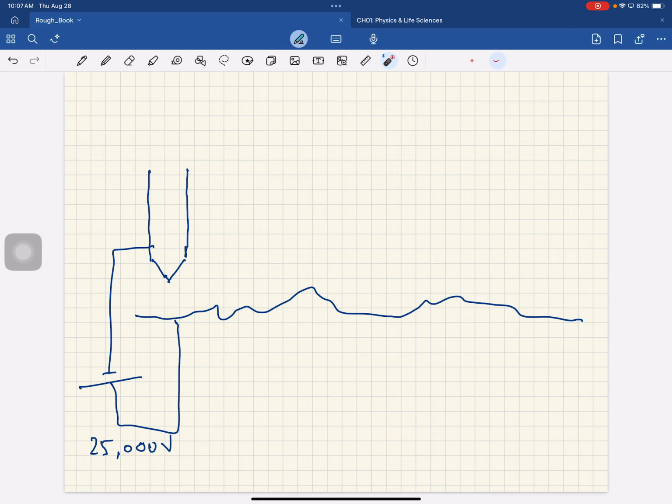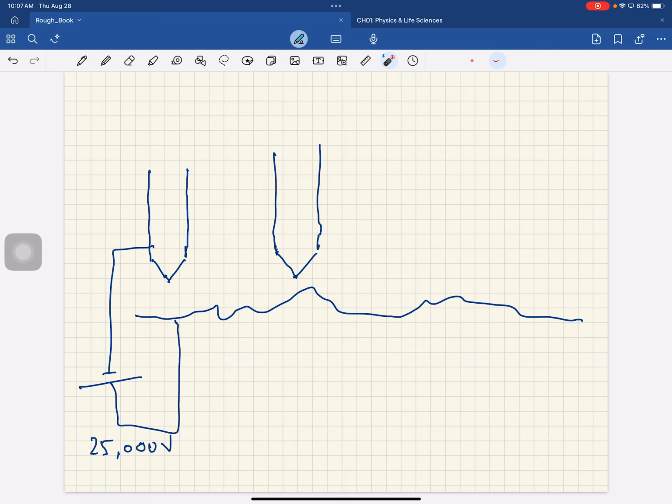So when the probe is here, the current is large. When the probe is here, the current is small.